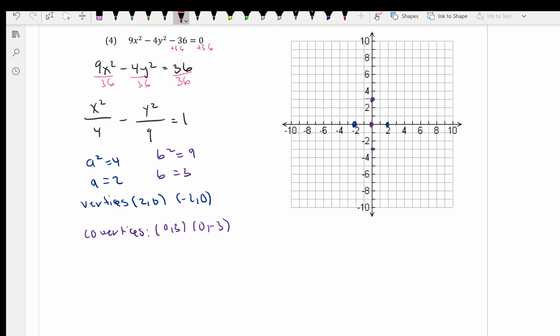And now I get to draw my box. And the asymptotes go from the center through the edges. And this one, the x came first, so this is along the x-axis. Okay, and that is my hyperbola.